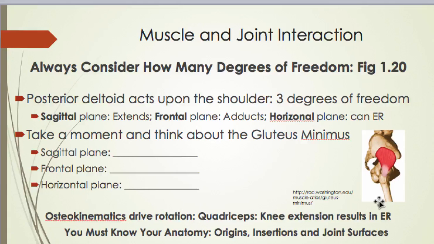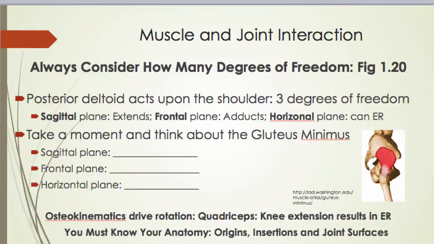It internally rotates the hip. So the gluteus minimus can flex the hip, abduct the hip, and internally rotate the hip. Its primary function, as we know, is as a stabilizer in the frontal plane of the hip for gait.